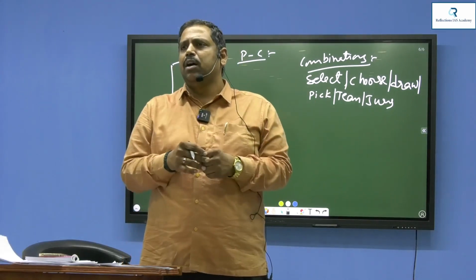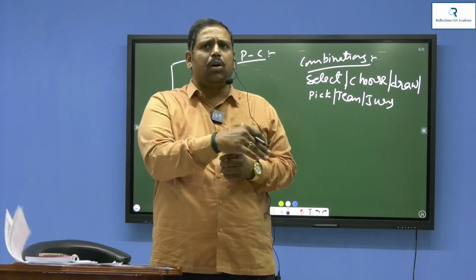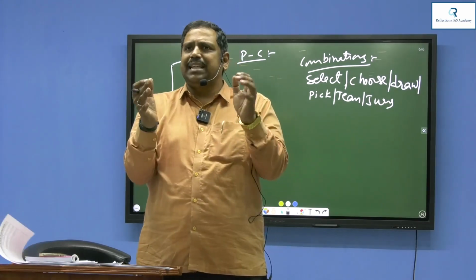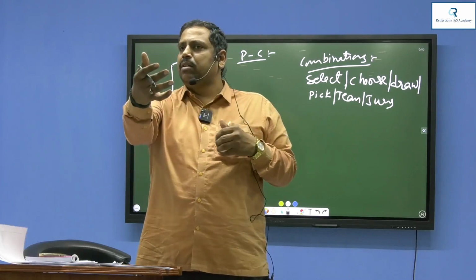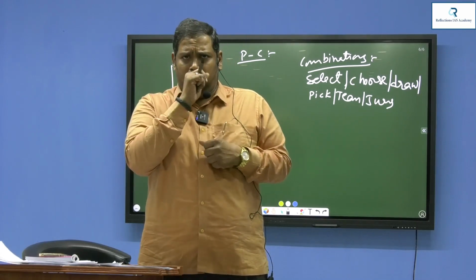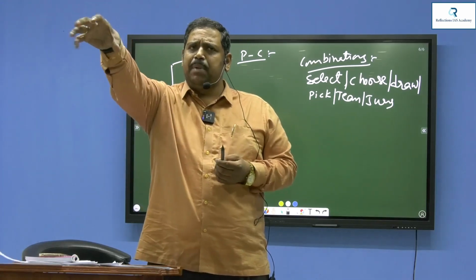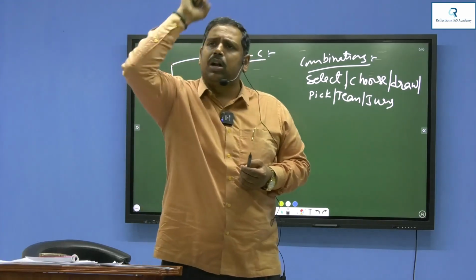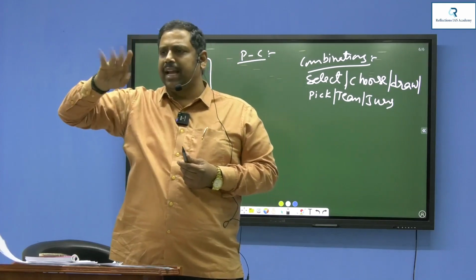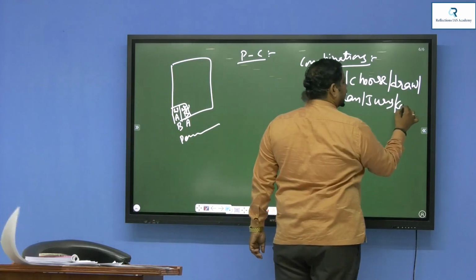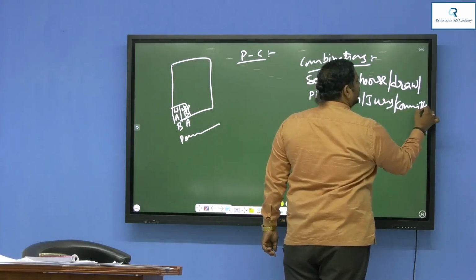I have to select one batsman, one bowler, one all-rounder. This is the committee to advise my country. In this committee, I first have to select the batsman or bowler or all-rounder, anyone. Committee means combination.